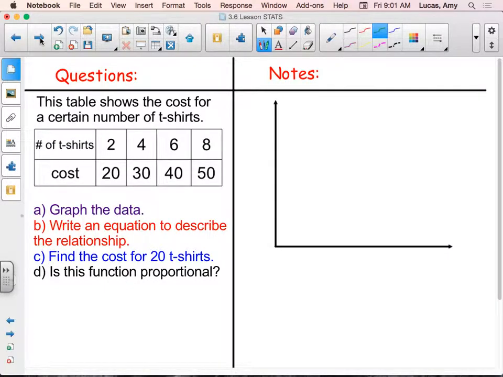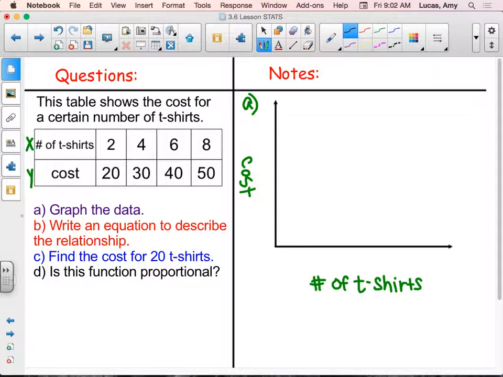Okay, our second example. This table shows the cost for a certain number of t-shirts. So it says graph the data. Okay, so I've got my X and Y variables here. So X-axis, number of t-shirts, is our independent variable. And then our dependent variable is the cost.